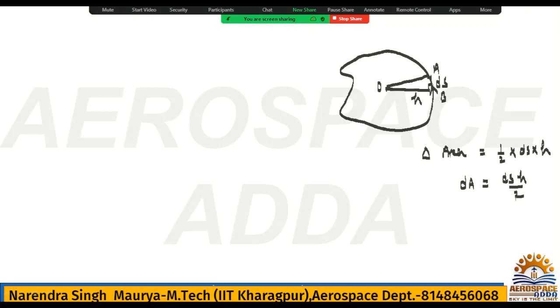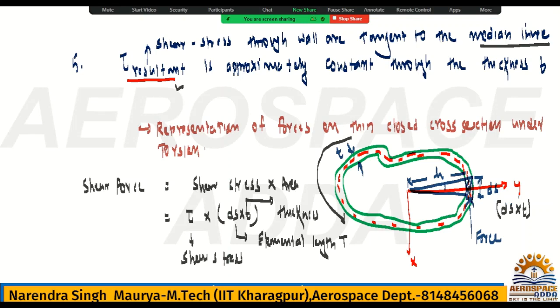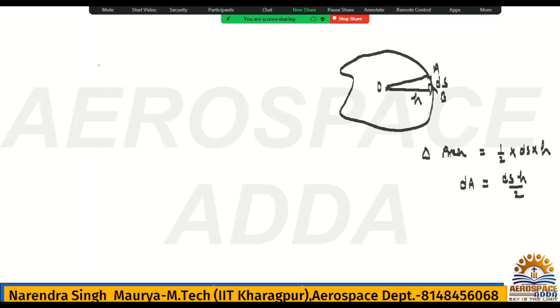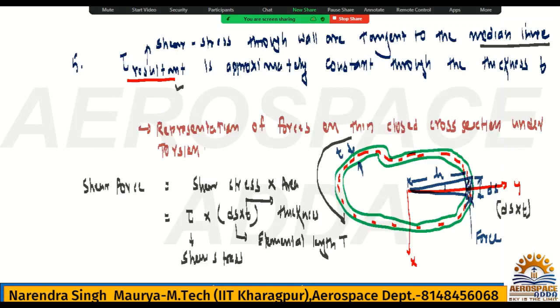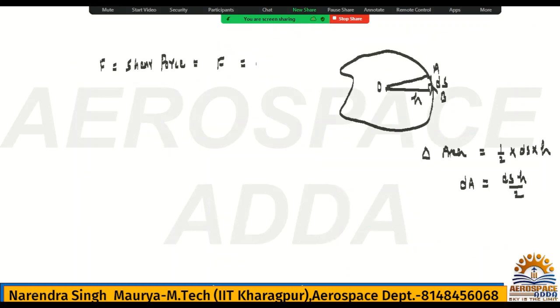All right, here if you check the shear force, this shear force is nothing but F, and this value is nothing but tau ds into t. So you may get this.